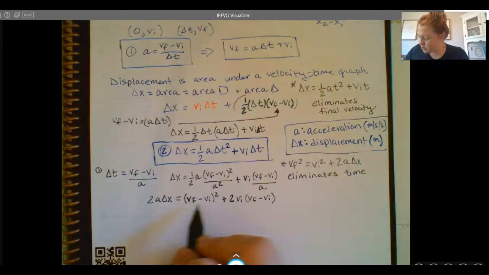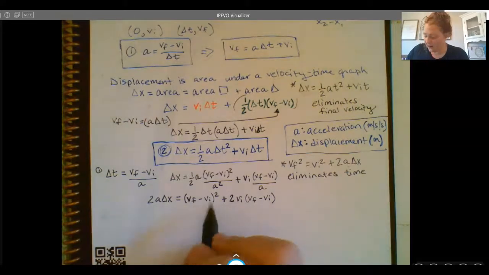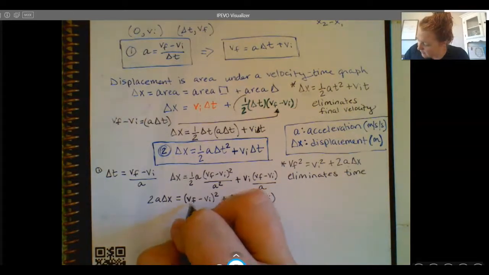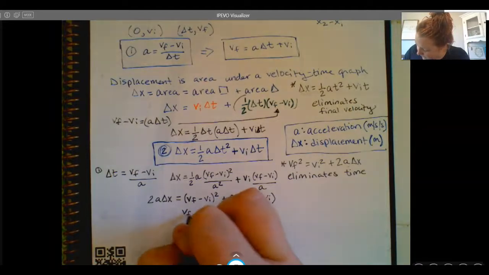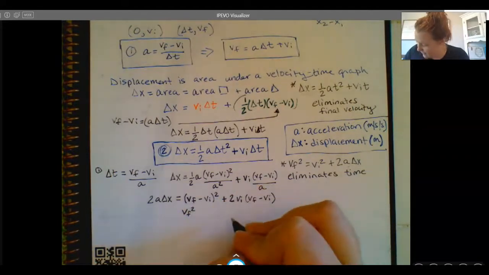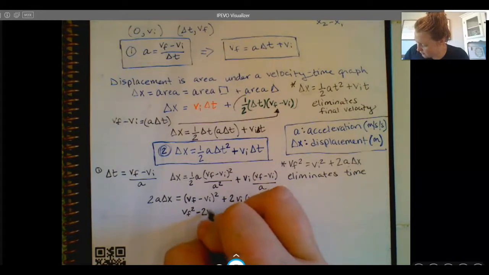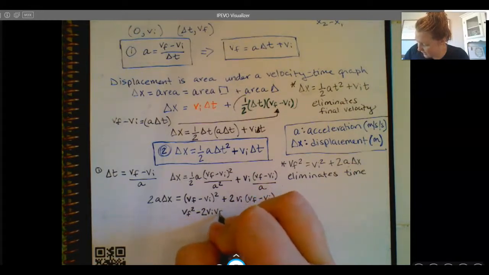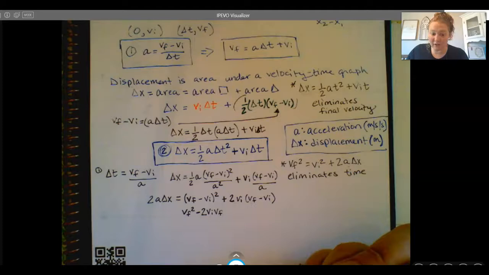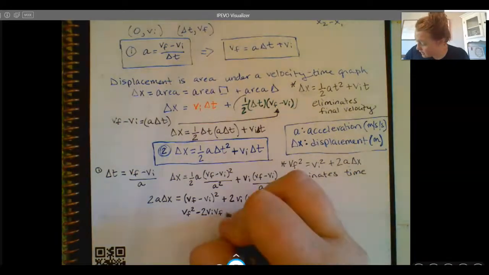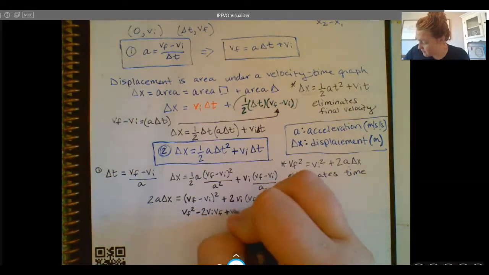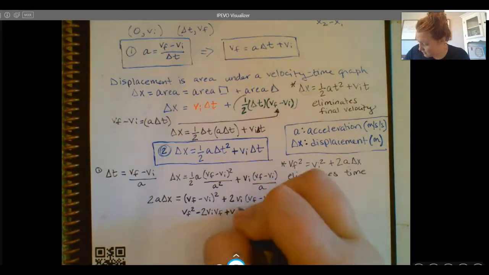Now we're going to do some algebra. I'm going to FOIL this out. So my VF minus VI squared is equal to VF squared minus 2 VI VF, that's my inside and outside terms, plus VI squared.